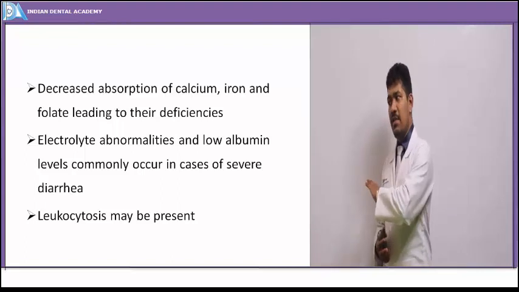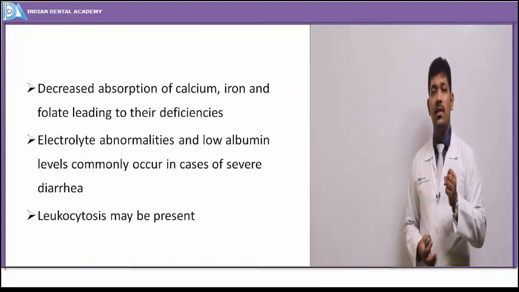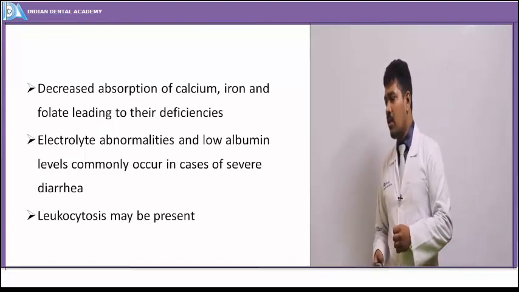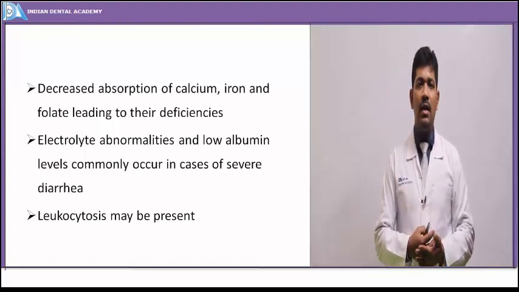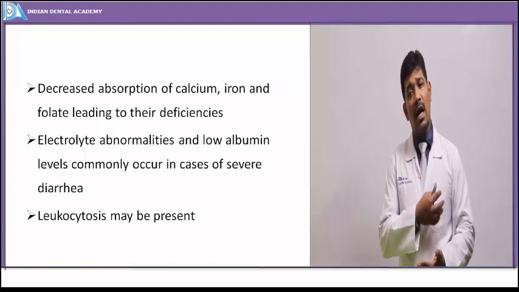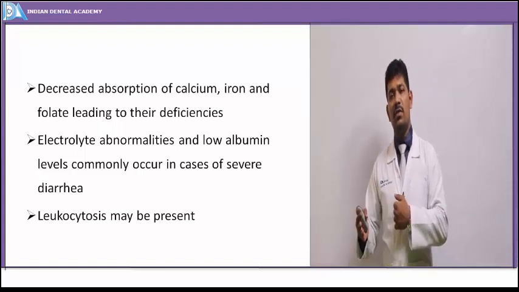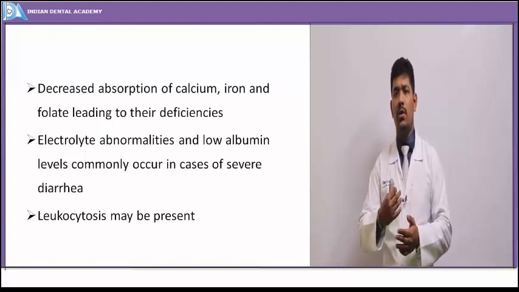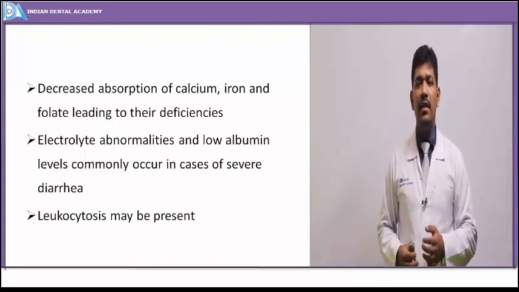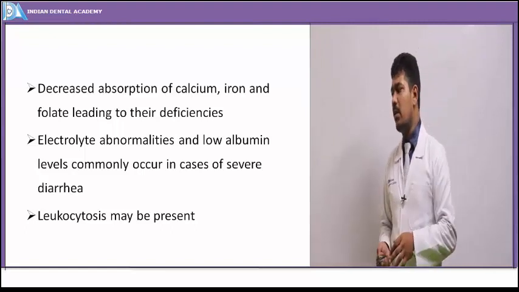As you can see, there is a deficiency of all the main minerals which are absorbed within the GIT, and also electrolyte abnormalities. All these have to be absorbed within the GIT lining, and because of the inflammation, they are not absorbed and pass through the stools or the urine, thereby resulting in deficiency of these electrolytes or minerals.